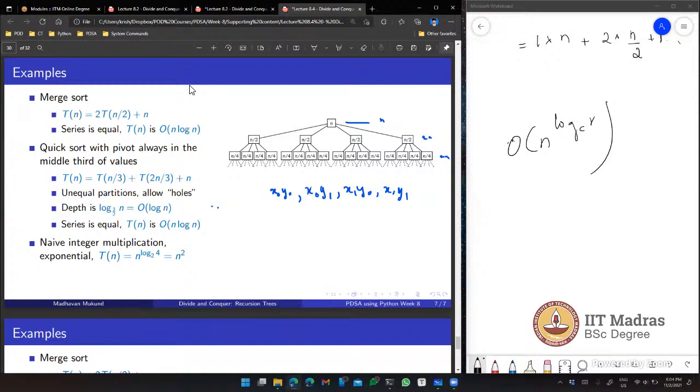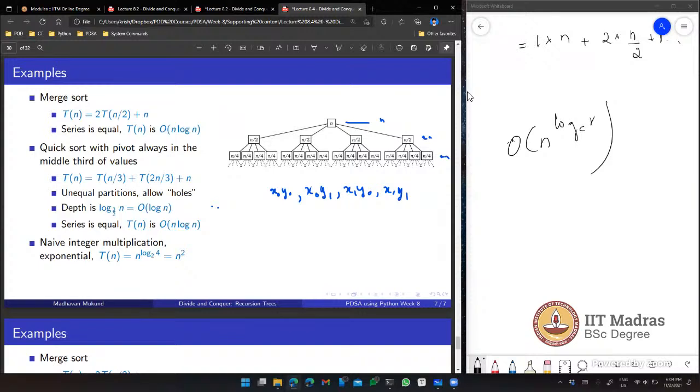It is either a polynomial or exponential solution, like first n, then 2n, then 4n. That is the one thing you can be sure about. For the exact amount, you have to use the formula and compute using the series.